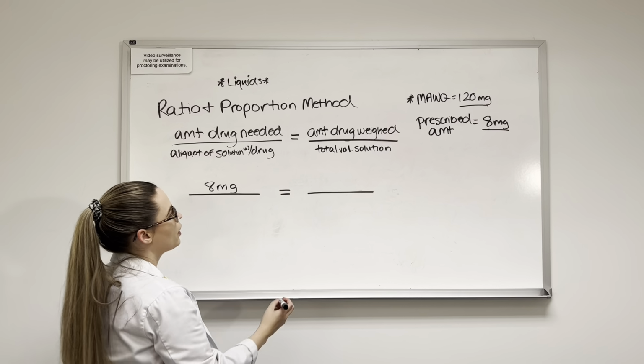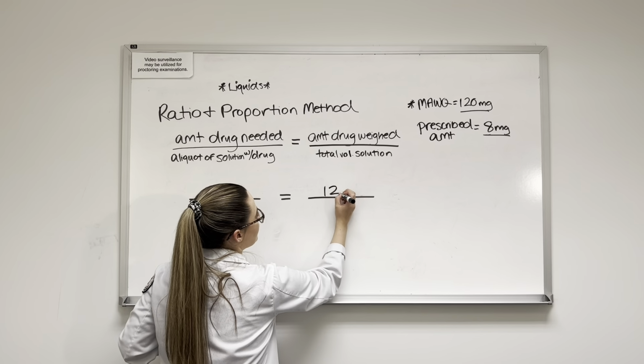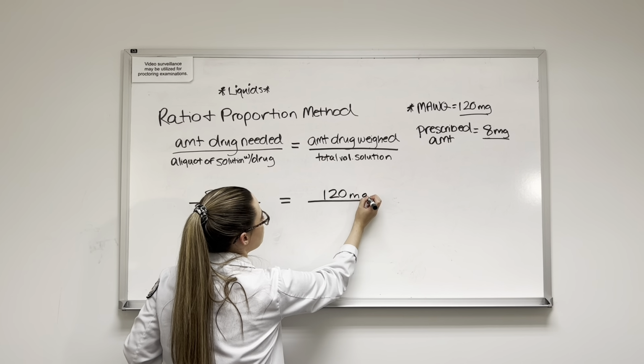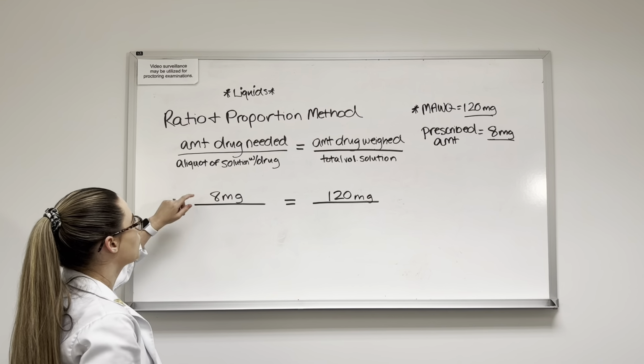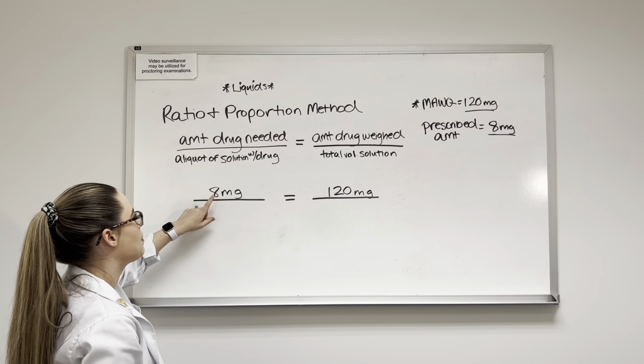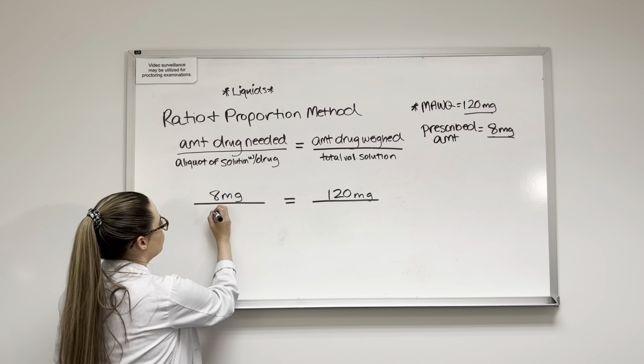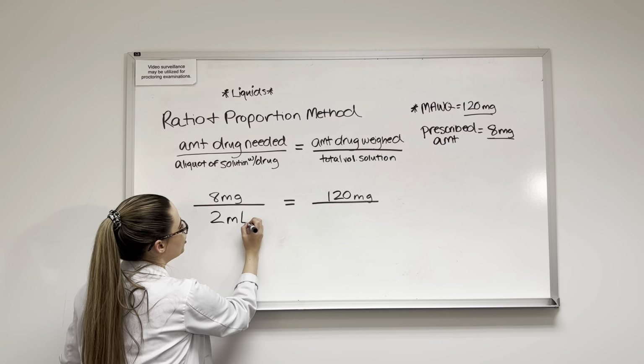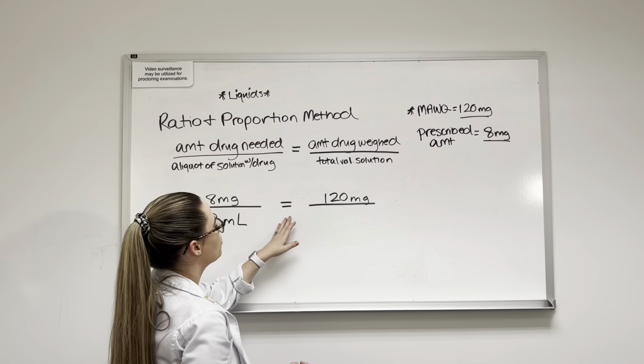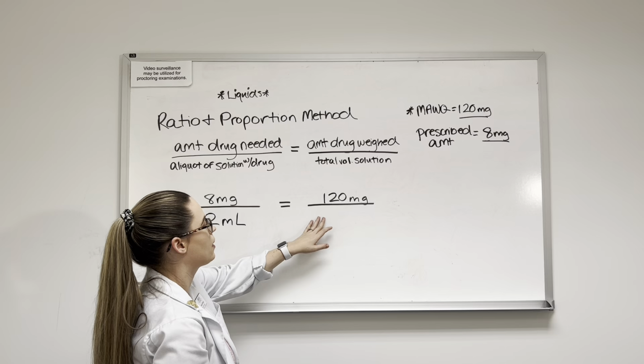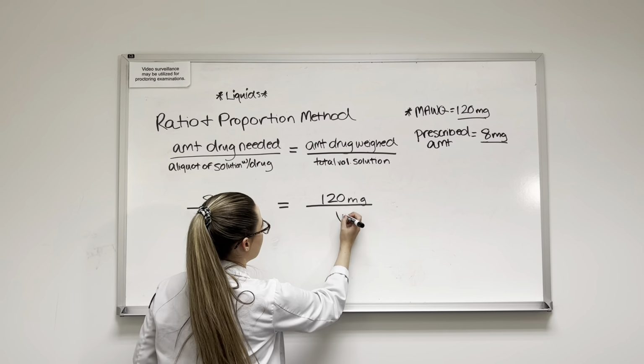The amount of drug we are going to weigh, we're going to say is 120 milligrams. The aliquot of solution we want to contain 8 milligrams, we can say is 2 milliliters, and then that will set us up to find out the total volume of solution we will need to make.